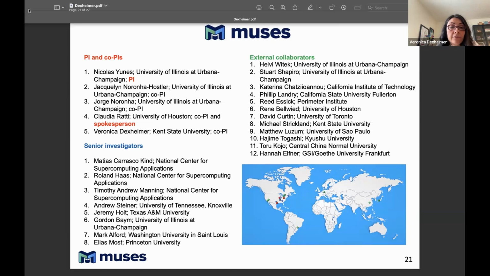And then you have a few senior investigators, including computer scientists, but also physicists, including users. They are testing our things as we produce them, and also external collaborators from around the world. But since then, many people have been added to MUSES, and I'm going to extend the invitation to some of you, or whoever wants, in a few minutes.